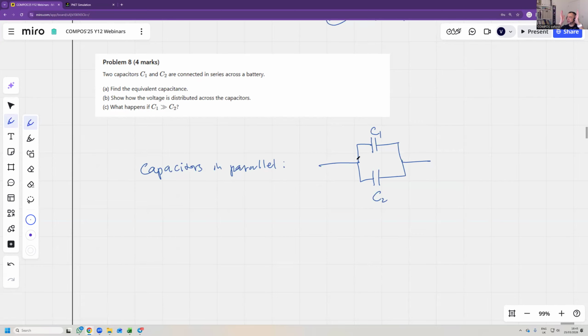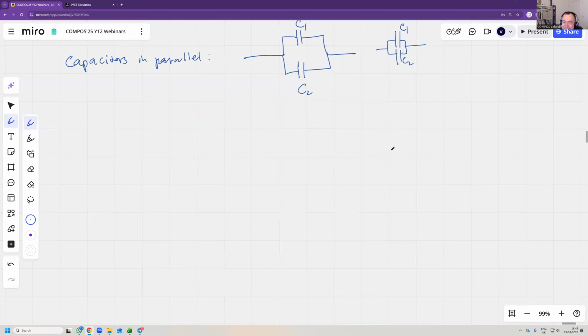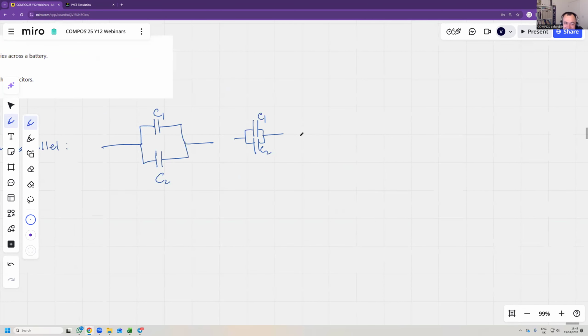If you move C2 closer to C1, you get C1 and C2, which is equivalent to having just one bigger capacitor.